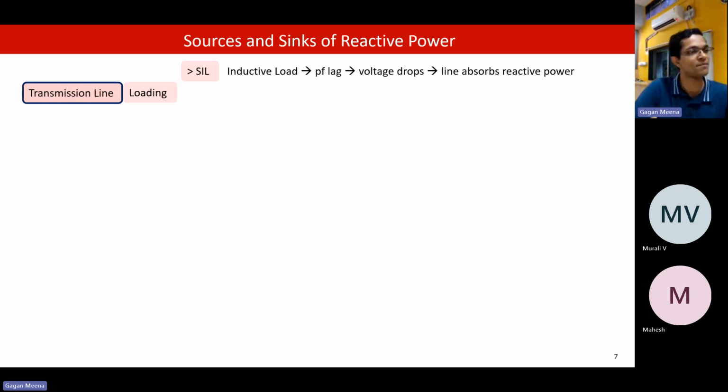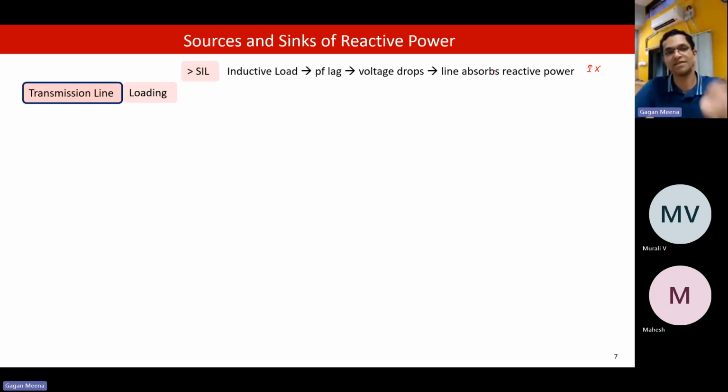Most of them consume reactive power, so they are mostly inductive loads. As a result, there is a voltage drop because of the reactive power absorbed by the line. If the line absorbs reactive power, then there will be a voltage drop and there will be a loss, because this power is required to carry out the function.